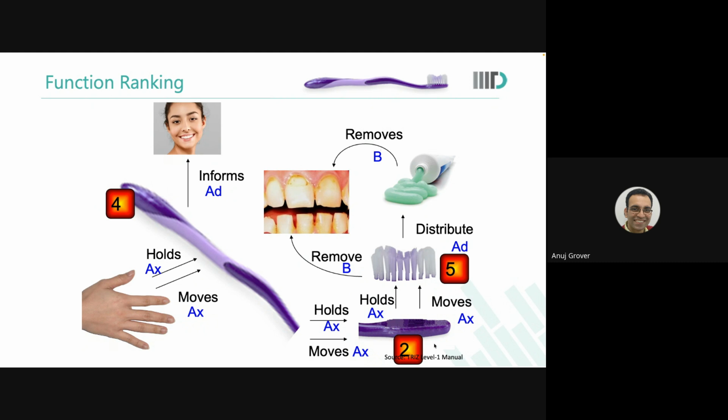So what I meant to show here was that this can be used. Ranking can help you bring in the cost element of value. Cost, you know, how much you made it for, but this will give you the value of functions.